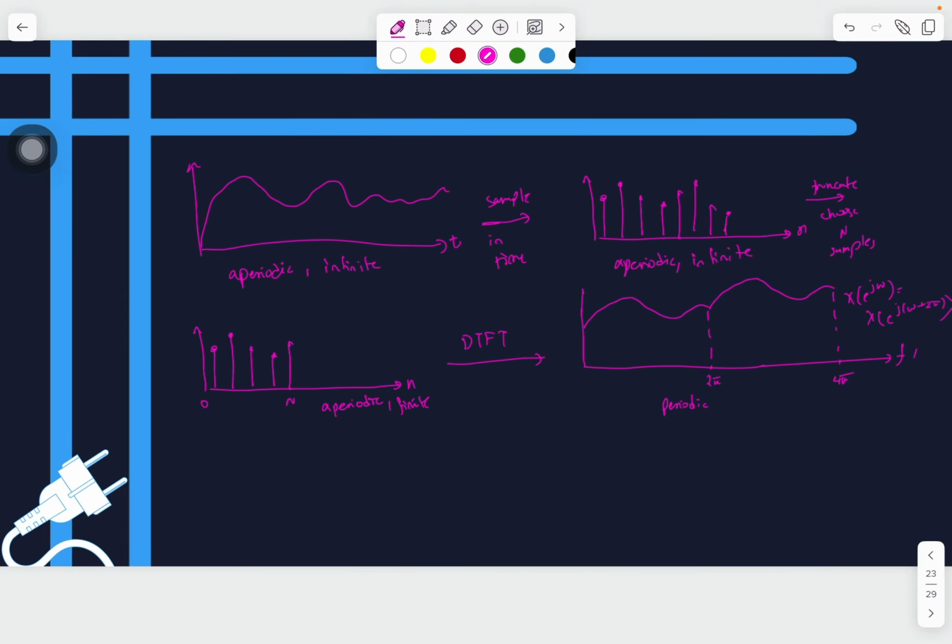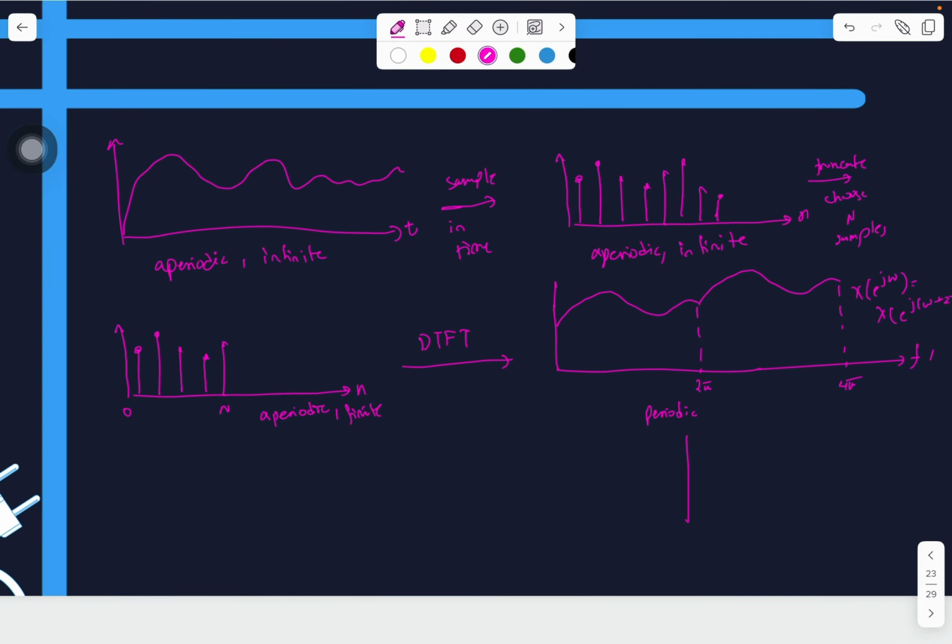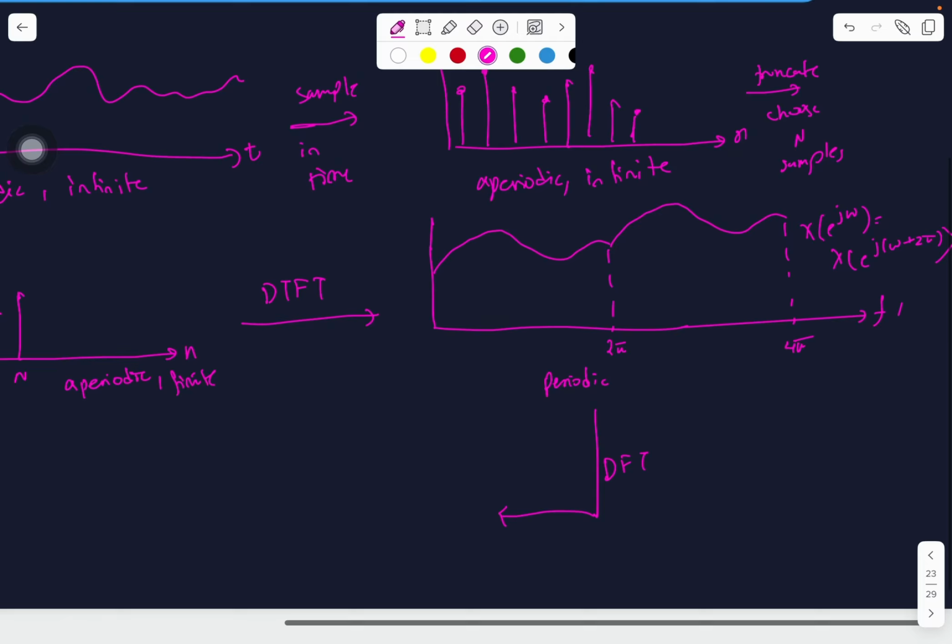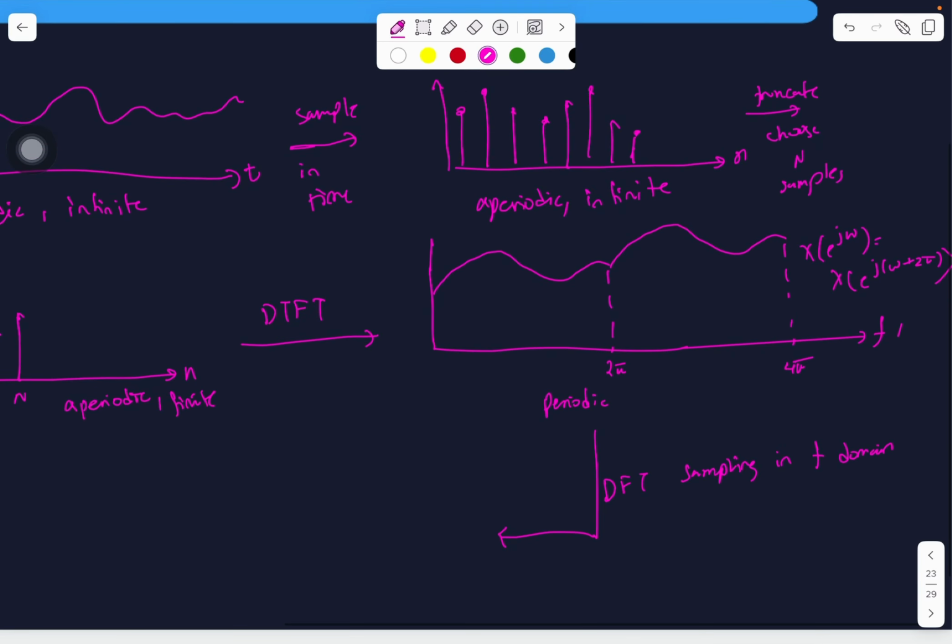Then after this we obtain the DFT. The DFT is simply sampling the DTFT, so we are now sampling in the frequency domain. The first sampling was in the time domain.